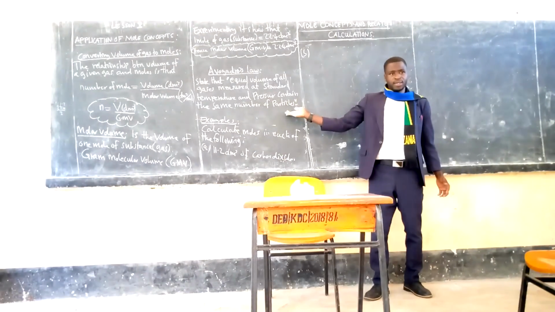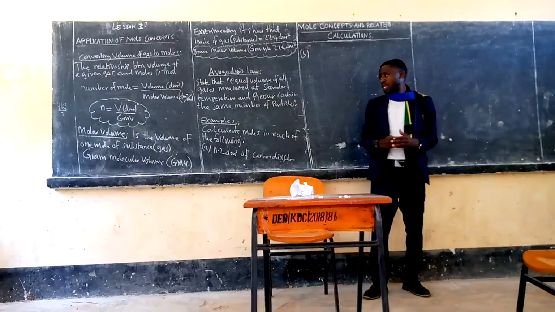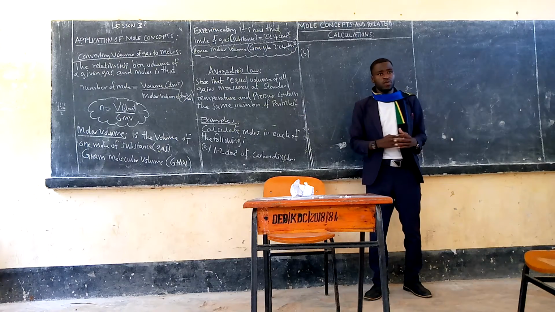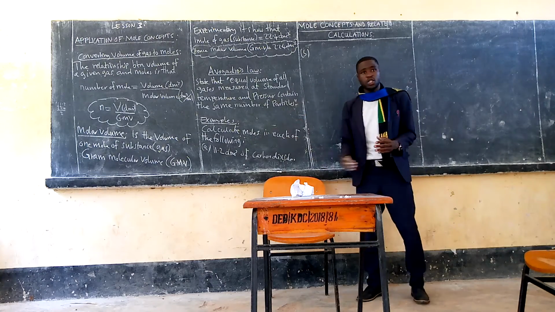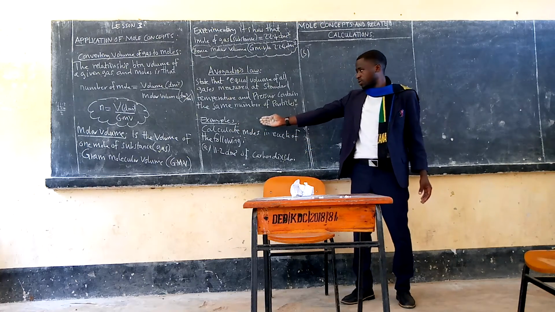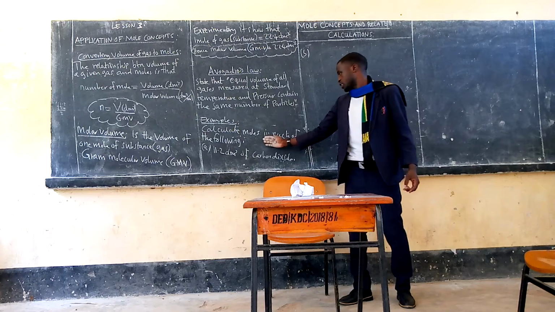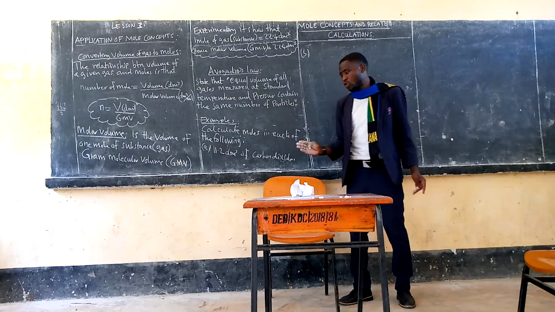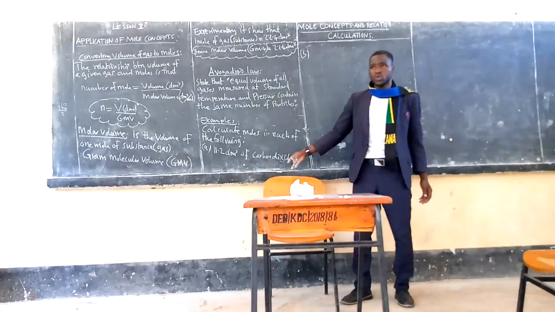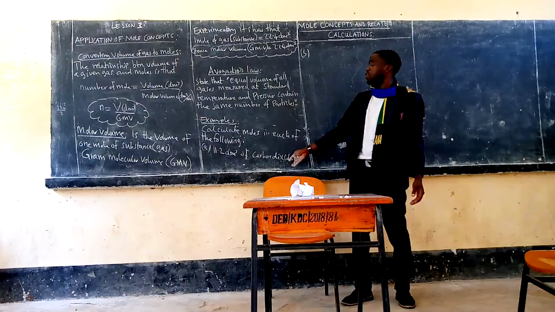Very simple. And because in this session we're going to discuss how we can convert volume of a given gas to moles, it is simple. Let's see this example here. Calculate moles in each of the following. A, you have been given 11.2 decimeter cubic of carbon dioxide. Remember, this carbon dioxide is a gas.